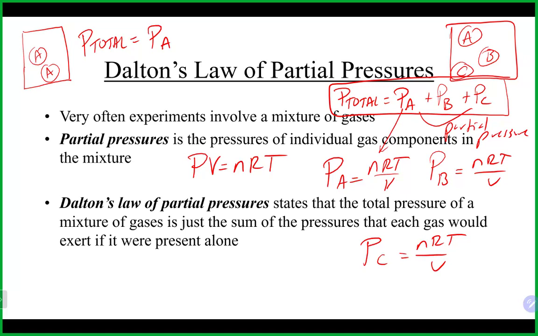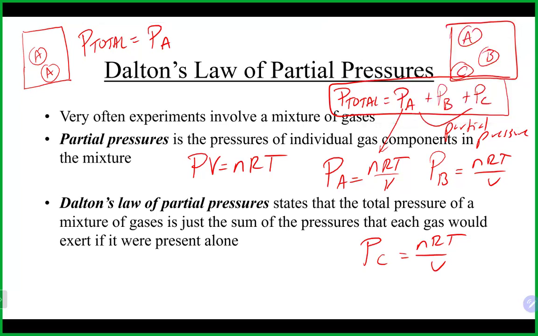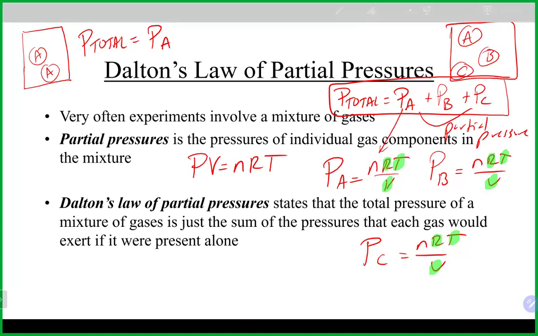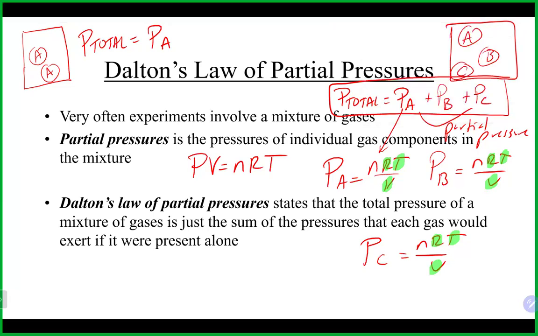The other nice thing about this is that because they are technically in the same container, and that container is probably in the same room, the temperature for everybody is the same, the volume for everybody is the same, and R is a constant, which means it is the same for everybody. So when you do the ideal gas law 3 times in this situation, the only thing that will be different between all your gases is n, the number of moles.